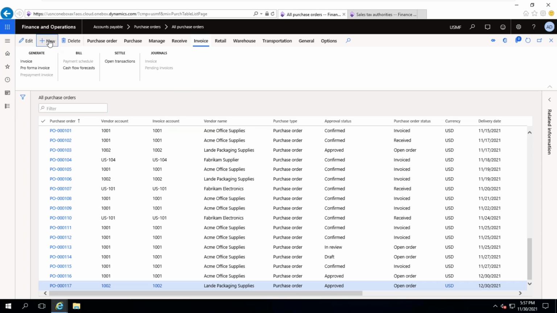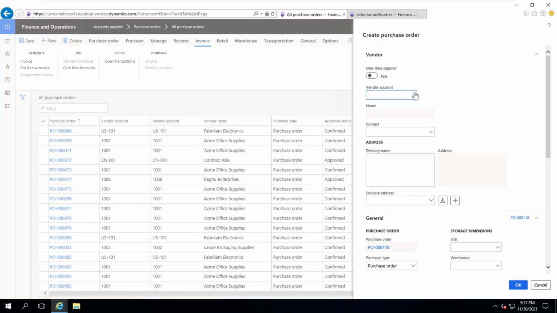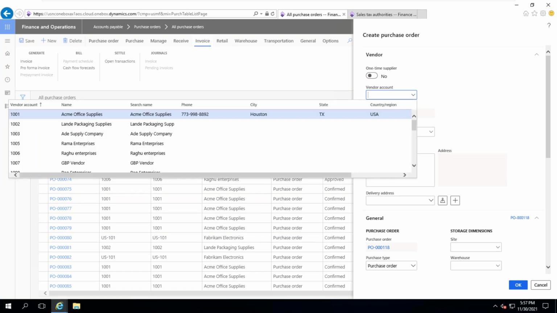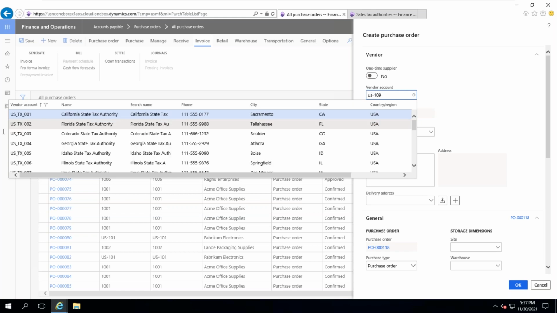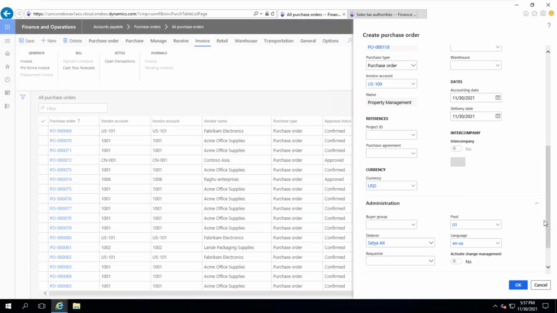Select the vendor account. US 109 is the property management vendor. Select site and warehouse, click OK.